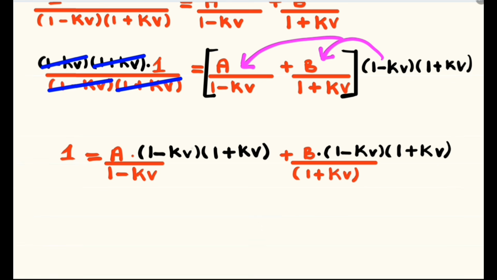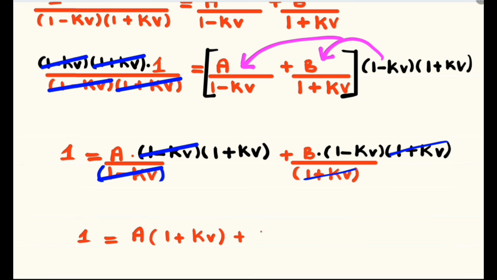The 1 minus kv and that 1 minus kv will cancel out, and the 1 plus kv and that 1 plus kv will also cancel out, and 1 will be equal to a multiplied by 1 plus kv plus b multiplied by 1 minus kv.